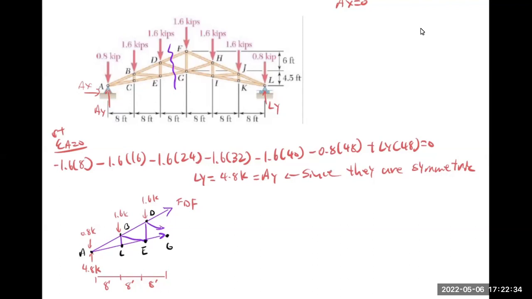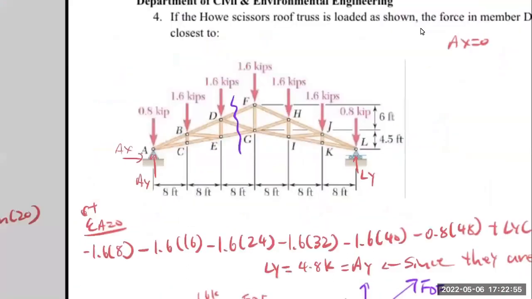Next thing, what we can do is take a moment at G. Why G? That's because we know that FDF, since it's at an angle, will have an FDFX and an FDFY component.